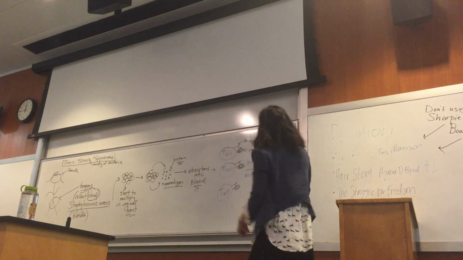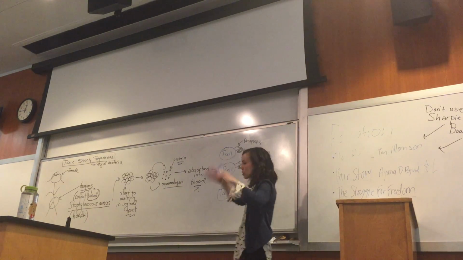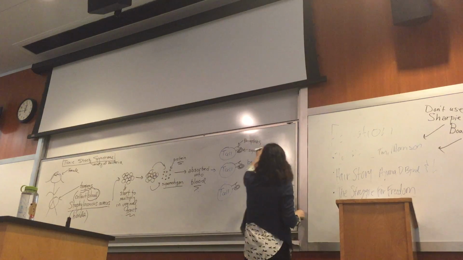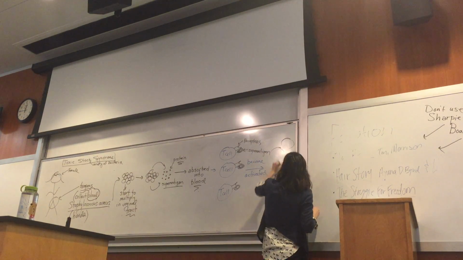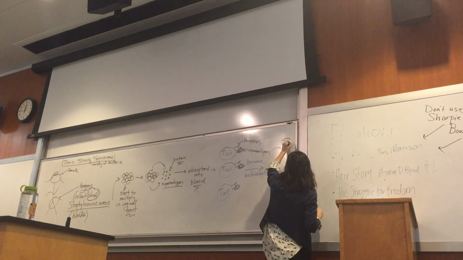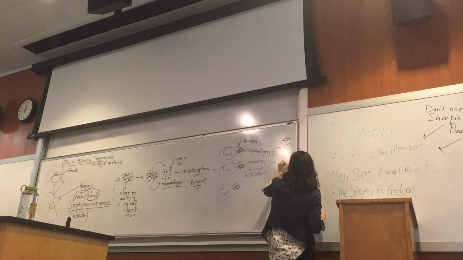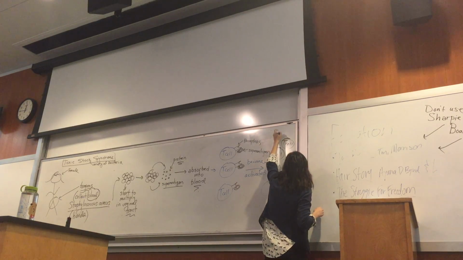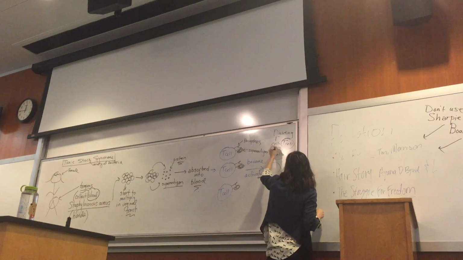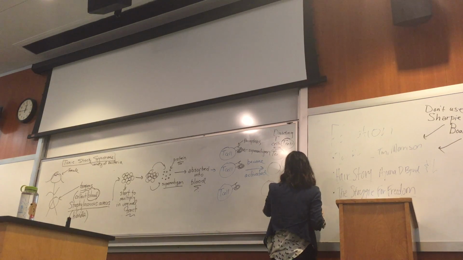One is that the T cell will start dividing like crazy. They'll start multiplying. You'll get this big old pool of dividing T cells. So that's one thing that happens.